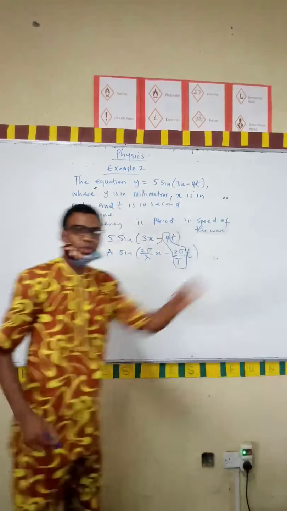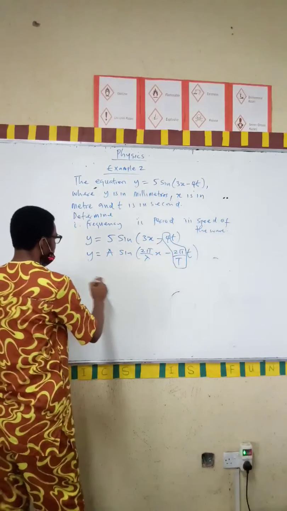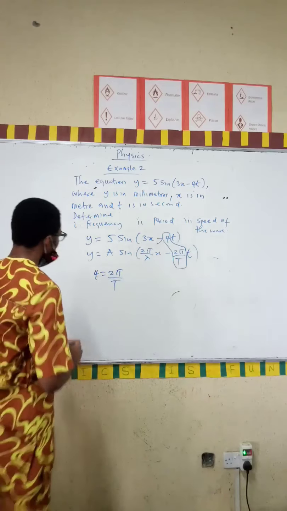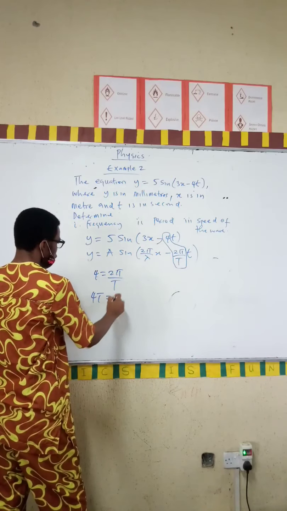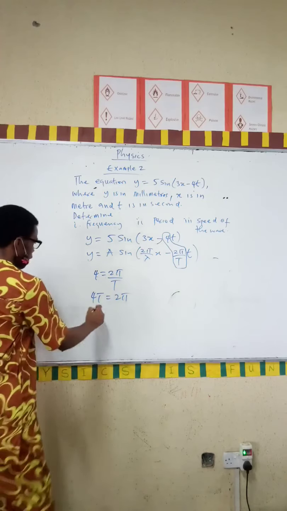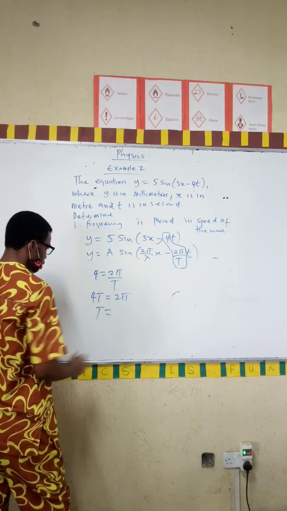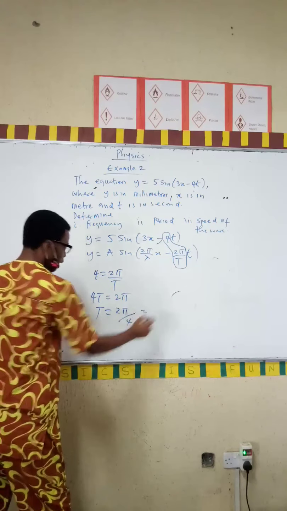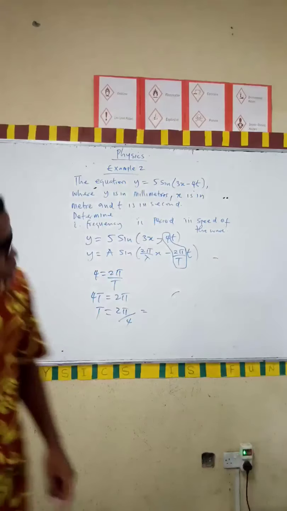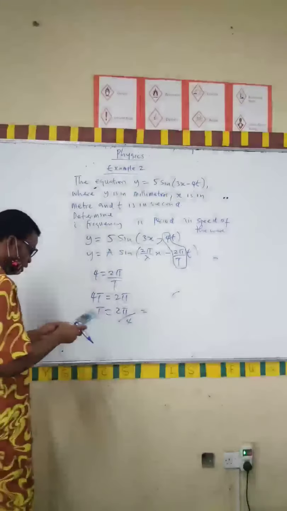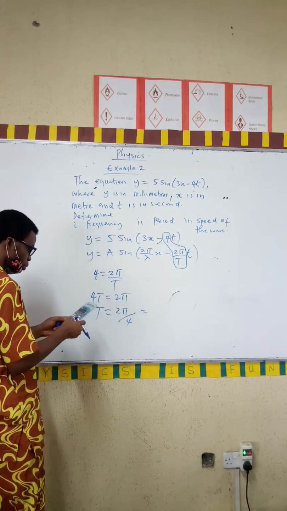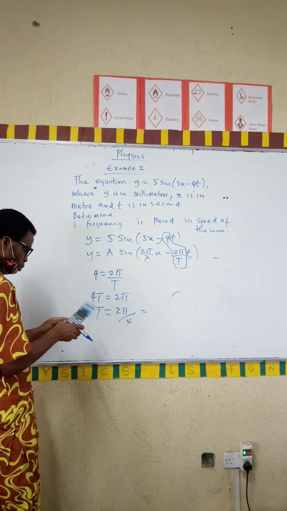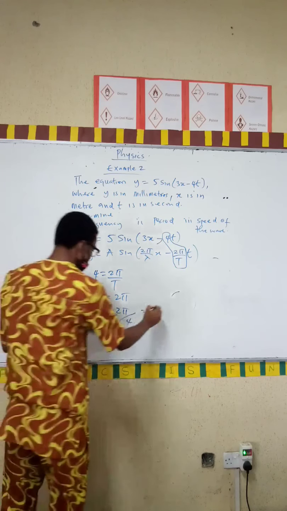So I have 4 equals 2 pi over T. So 4T equals 2 pi. Therefore, T will be 2 pi over 4. And that will be 2 times 3.142, 6.284 divided by 4.